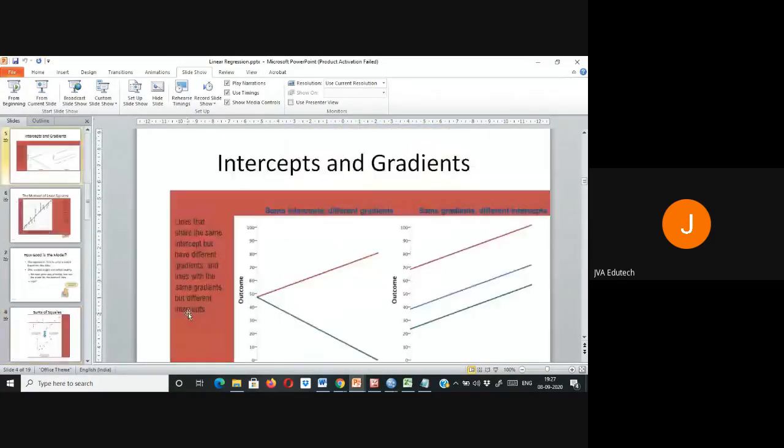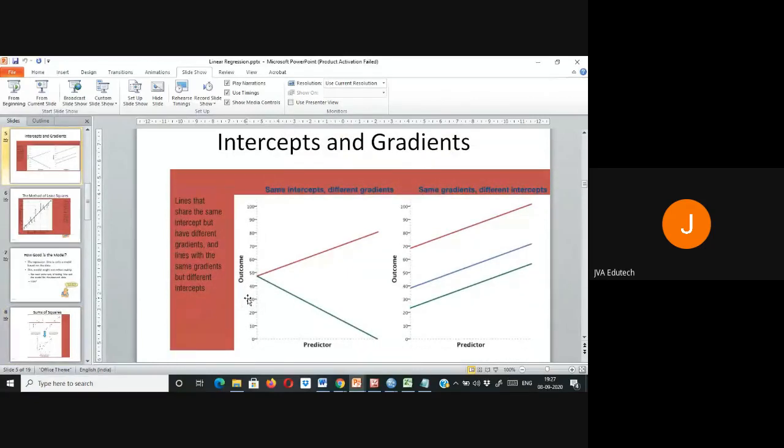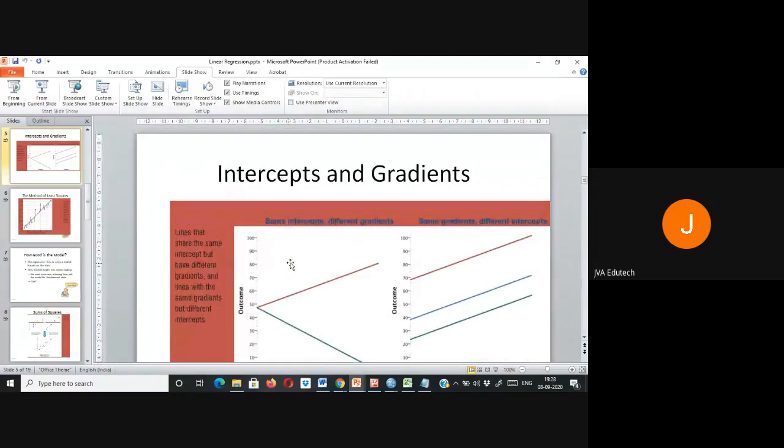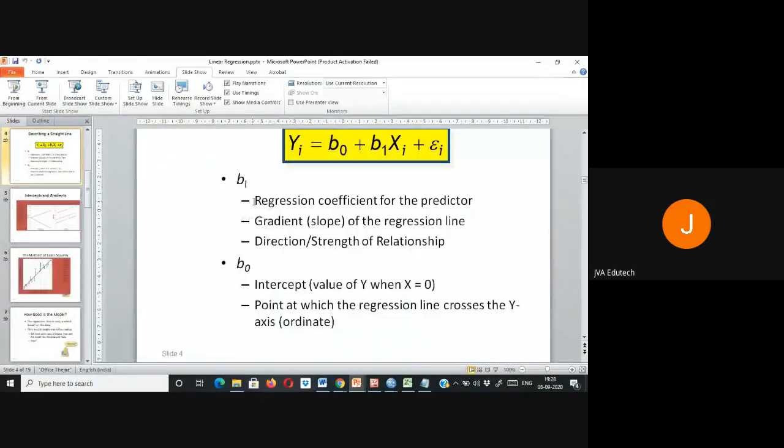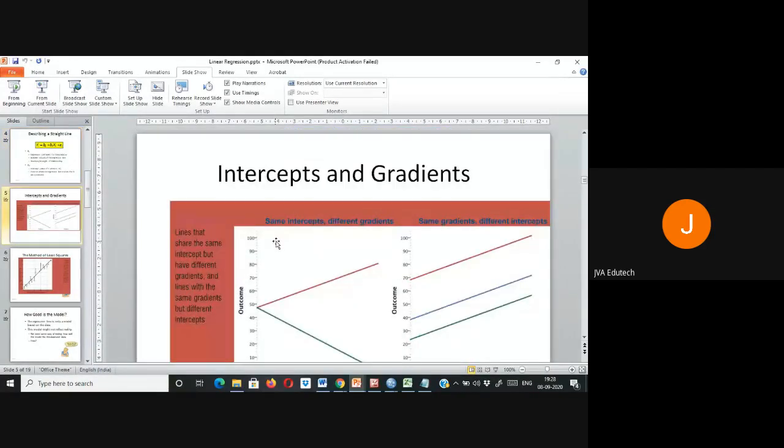So you can see from these figures how these lines share the same intercept but have different slopes, different gradients. If you look closely at these lines, you can understand the concept of the intercept and the gradient.